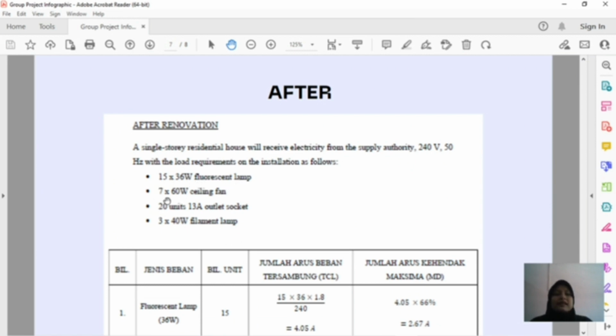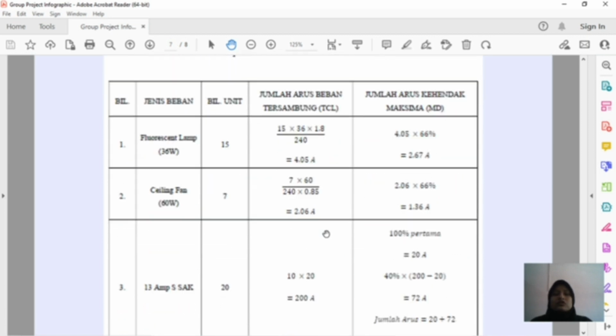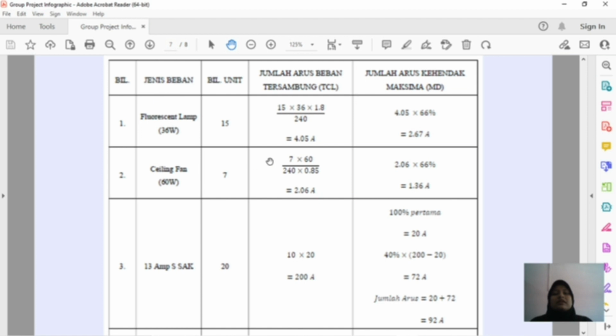Okay, for after renovation, we have 15 units of fluorescent lamp, 7 units of ceiling fan, 20 units of outlet socket, and 3 units of filament lamp.